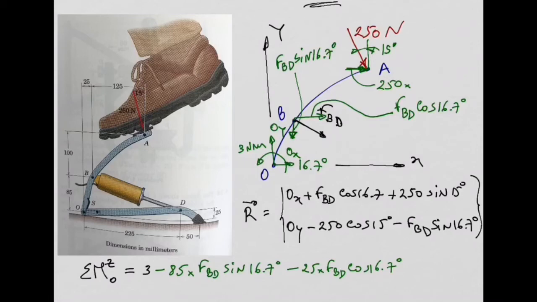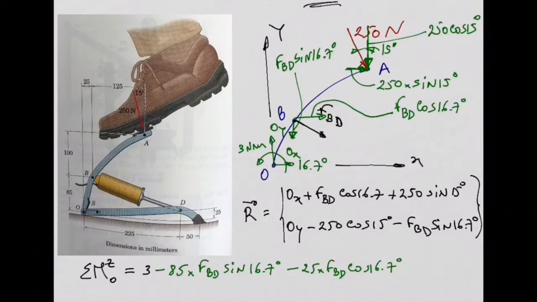Sine 15. And we will have also this vertical component, which is 250 cos 15, right? You all agree with this?